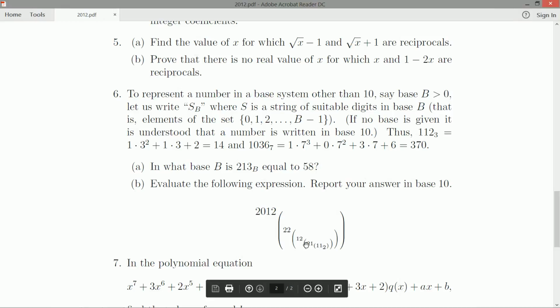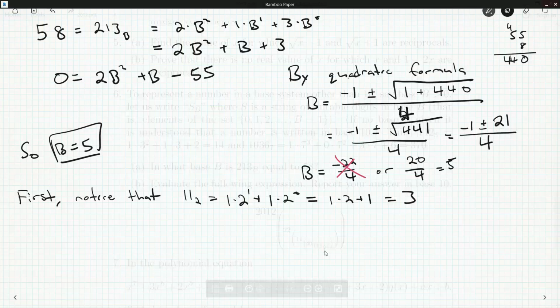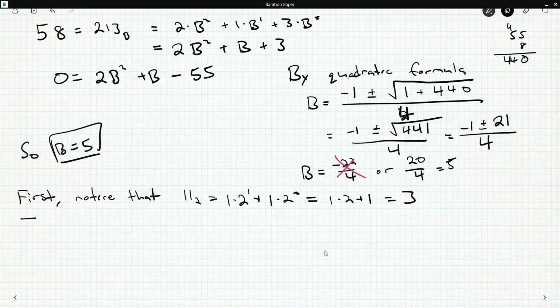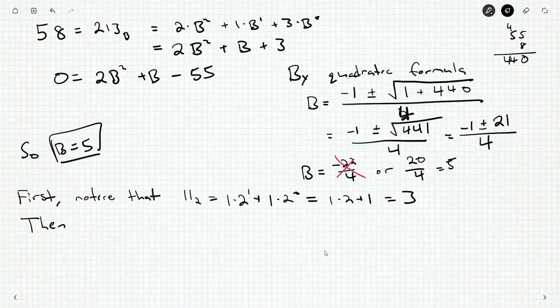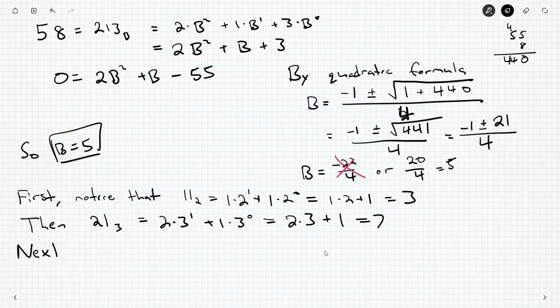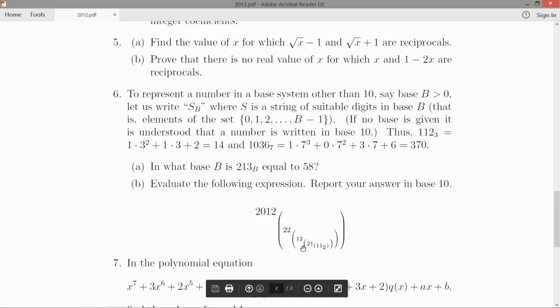Now we're looking at 21 with a little 3. Well, that's 2 times 3 to the 1 plus 1 times 3 to the 0, just based on our definition of base. 2 times 3 plus 1, 7. So next we've got a base of 7. We've resolved what's going on there.